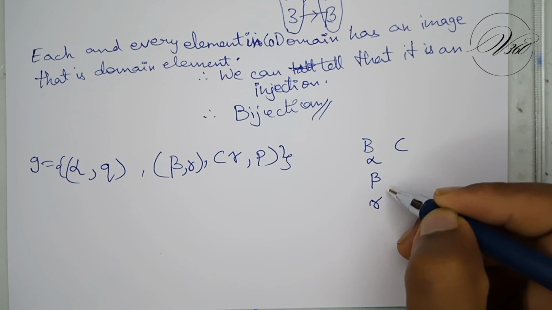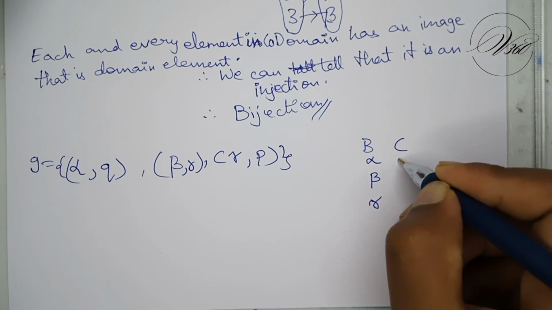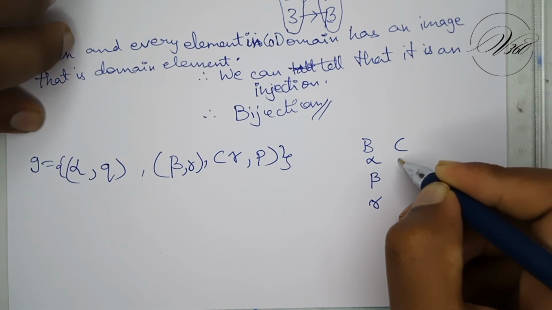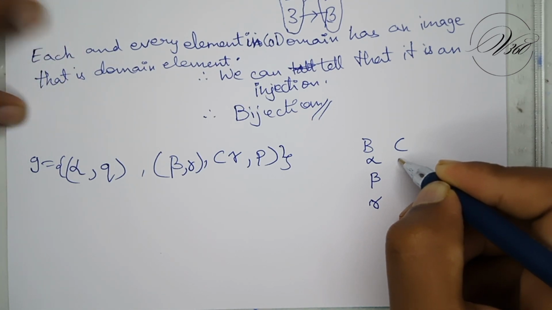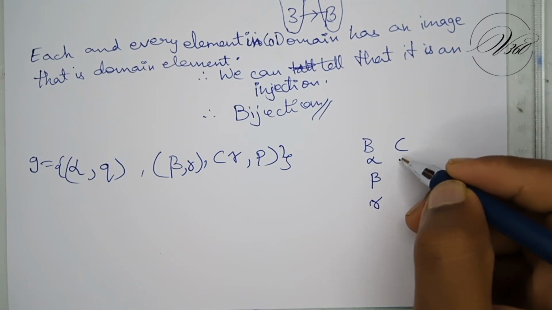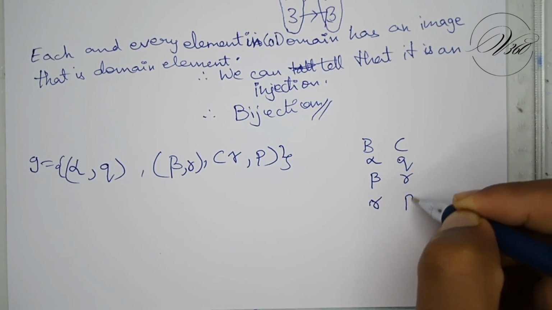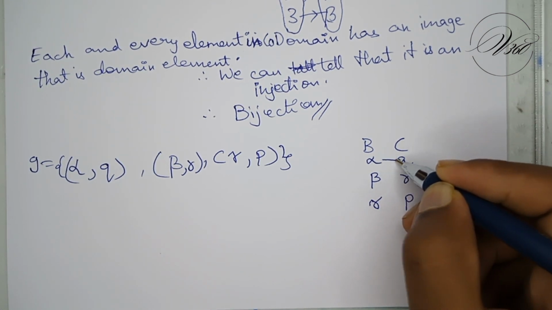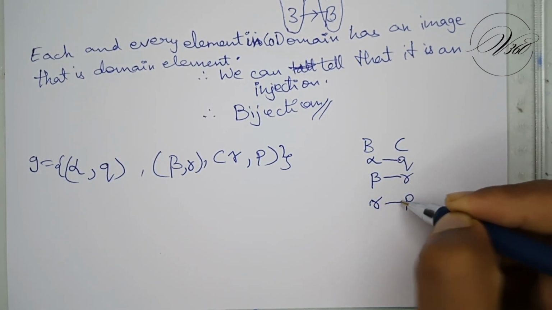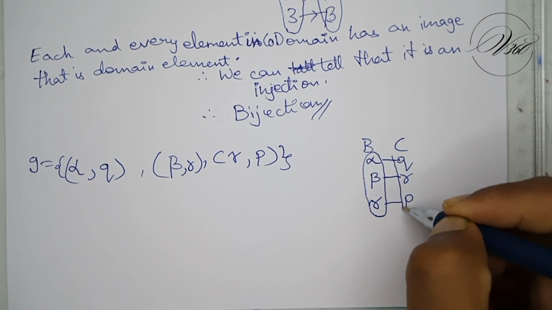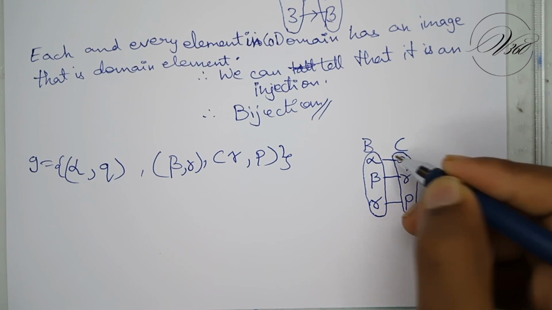These are the given B set. Now in the C set we will get Q, R, P. We can write it as a step by step function because each element in the codomain has an image in the domain.